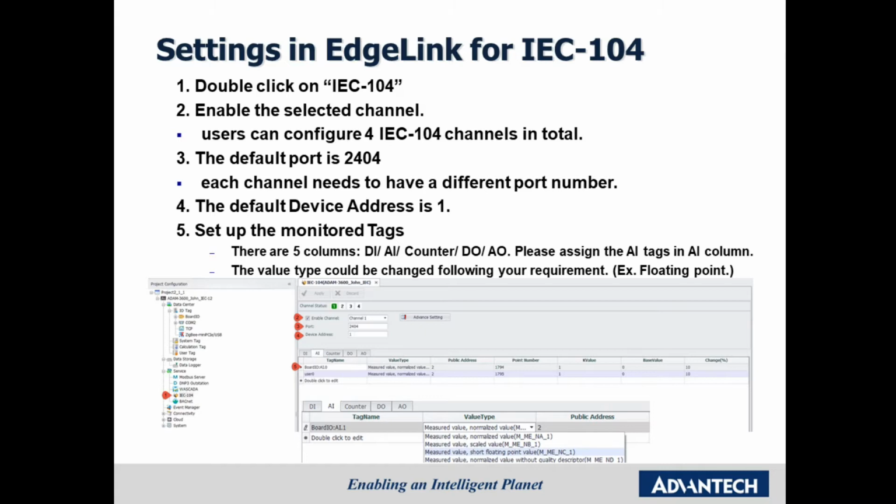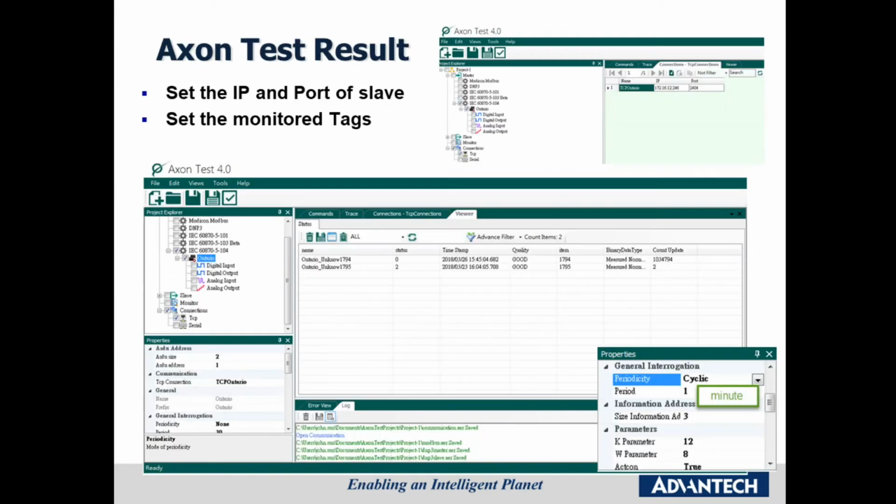The default device address is 1, and then set up the monitor tags. There are columns: DI, AI, counter, DO, AO. Please assign the AI tags in the AI column. The value type could be changed following your requirement, for example, floating point.